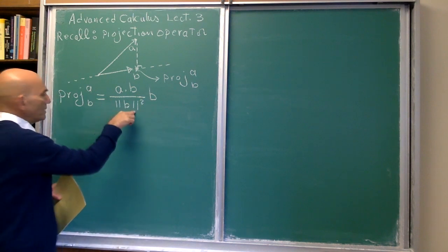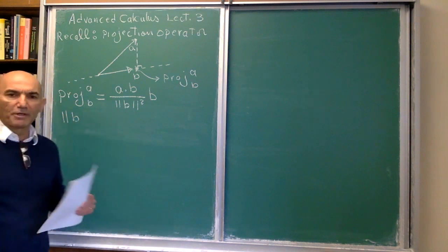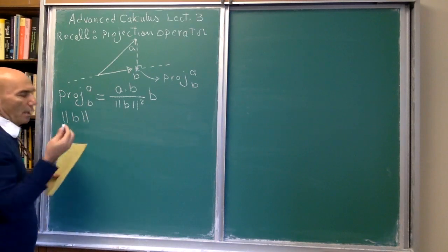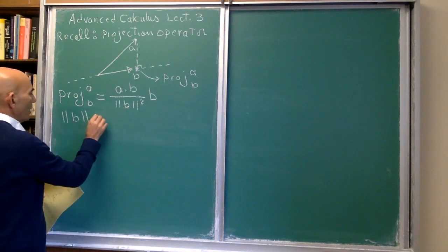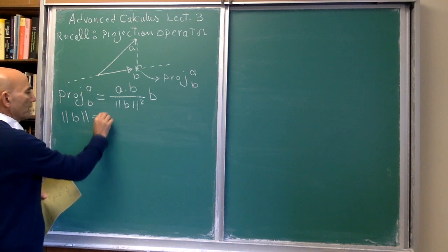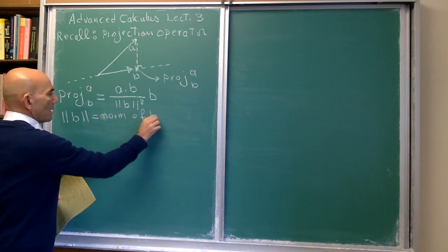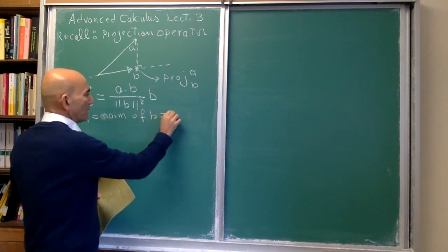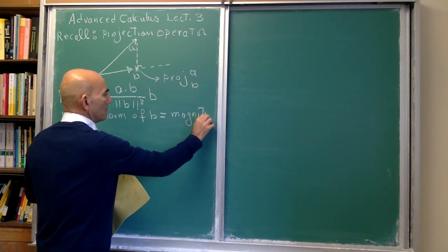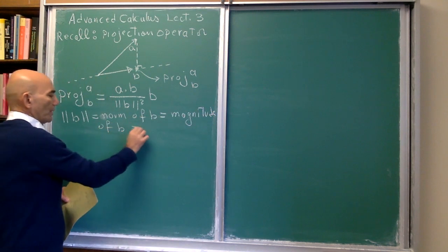By the way, this quantity, I keep calling it norm. This is a more professional term, but it's equally professional to call it magnitude of B. So let me write it once at least. I keep calling it norm of B. Another name for that is magnitude of B. Of course, we know what it is.